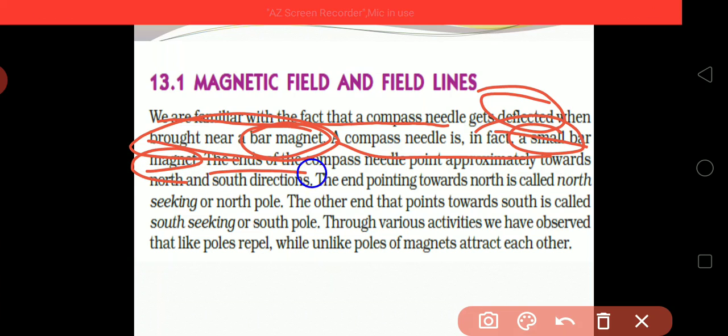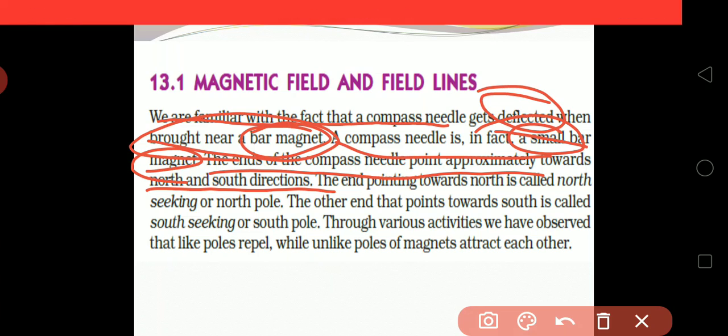The ends of the compass needle point approximately towards the north and south directions.